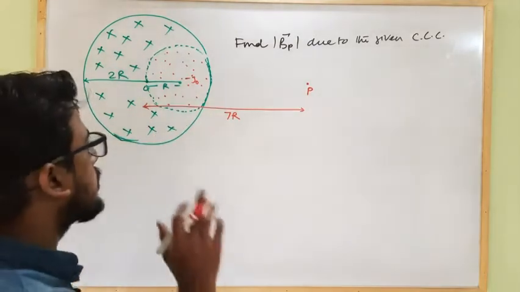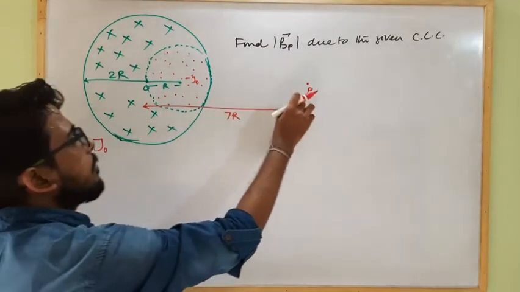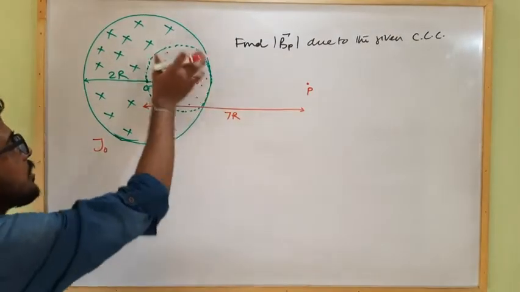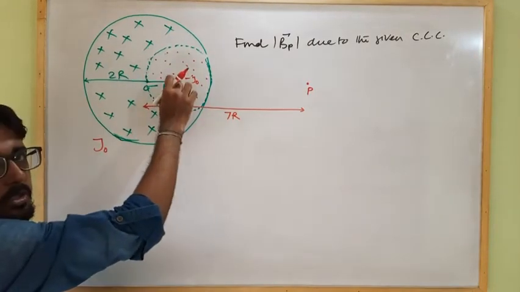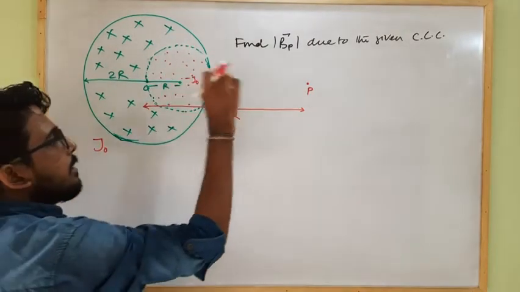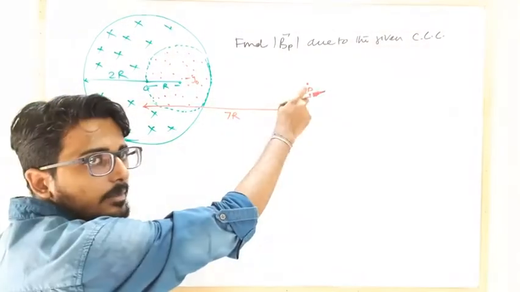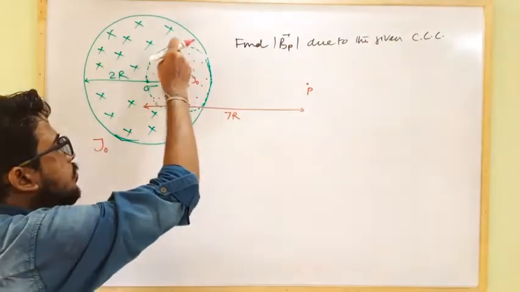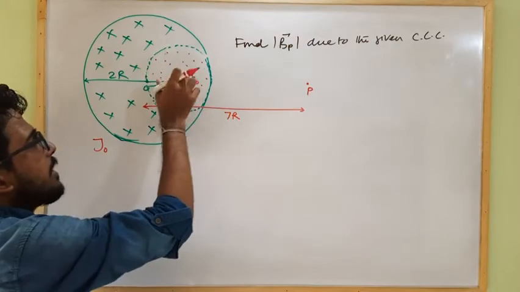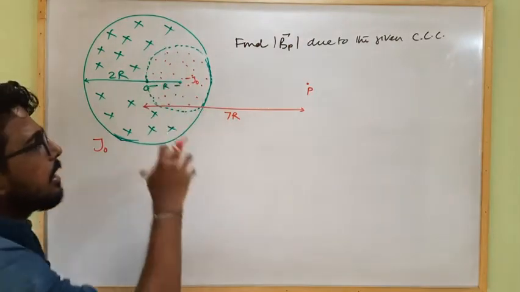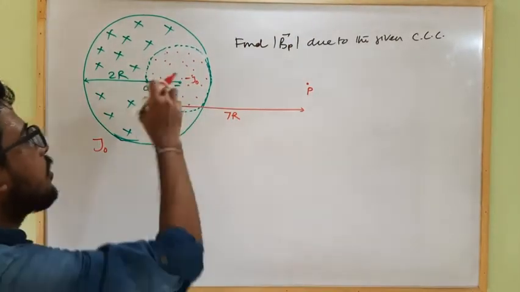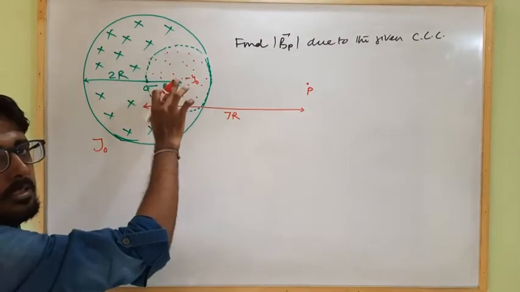Understood? So first of all we have to calculate the net magnetic field strength considering the complete current carrying conductor. Then we have to calculate the magnetic field strength at point P due to the small cavity of radius r, assuming it as a current carrying conductor but with current in the opposite direction.